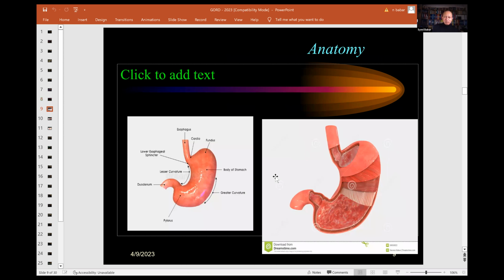So now it is becoming more clear how the stomach parts are represented in the adult anatomy. So this is the esophagus, that's the cardia. This part is the fundus of the stomach, and behind that, alongside the greater curvature of the stomach, is the body of the stomach.